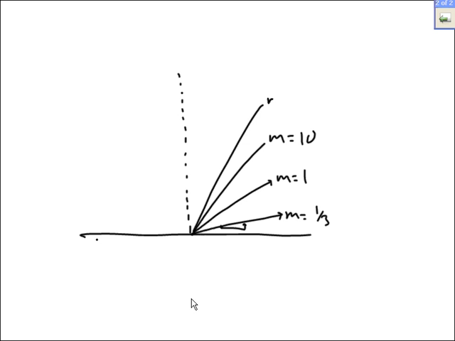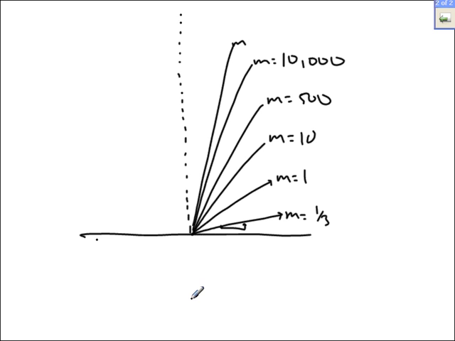And this line, maybe 500. And that line, maybe 10,000. This line, maybe 400,000. They grow quickly.